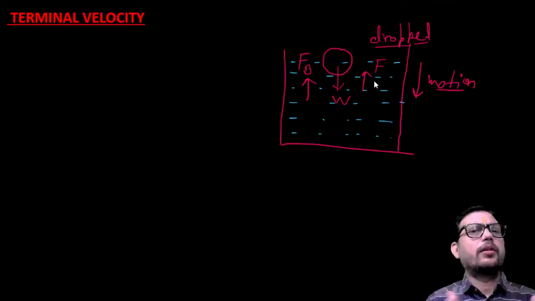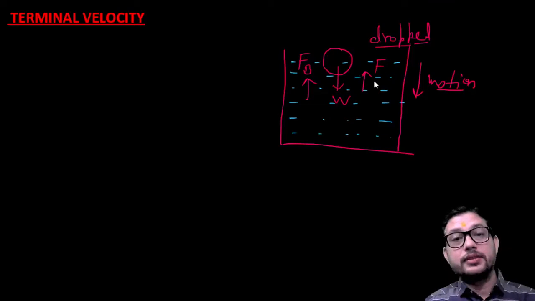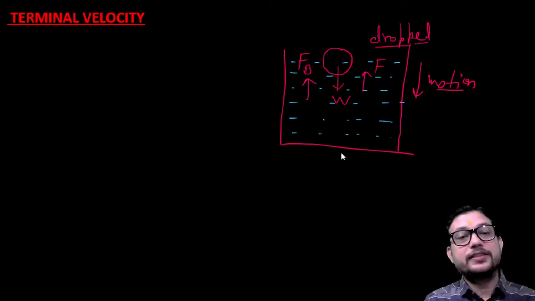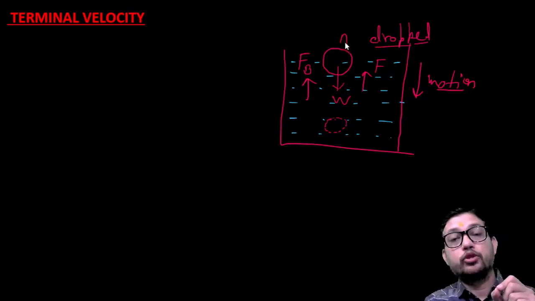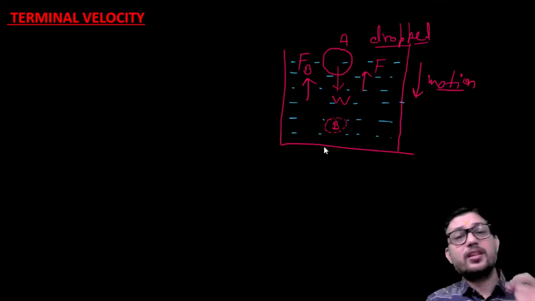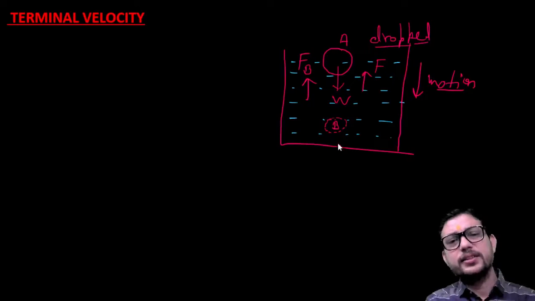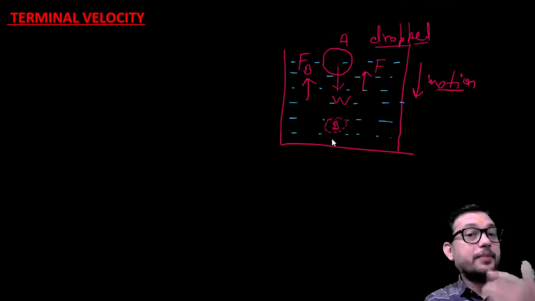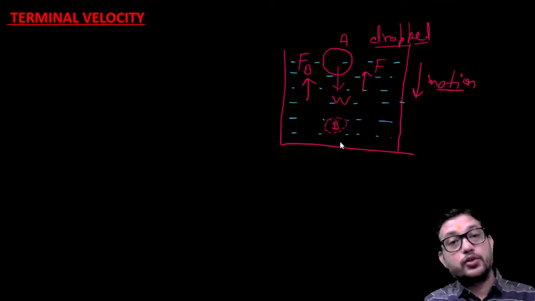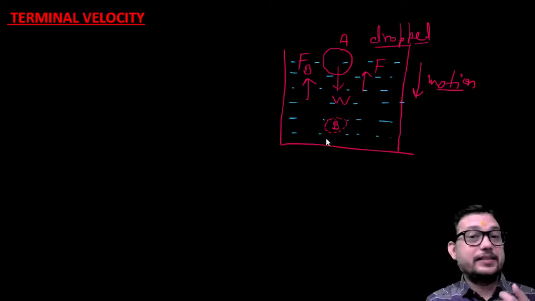So overall, at some instant, let this be the final position of the object. It is dropped from position A, and let the final position be B. At point B, because it is termed as the final position, what is the velocity?